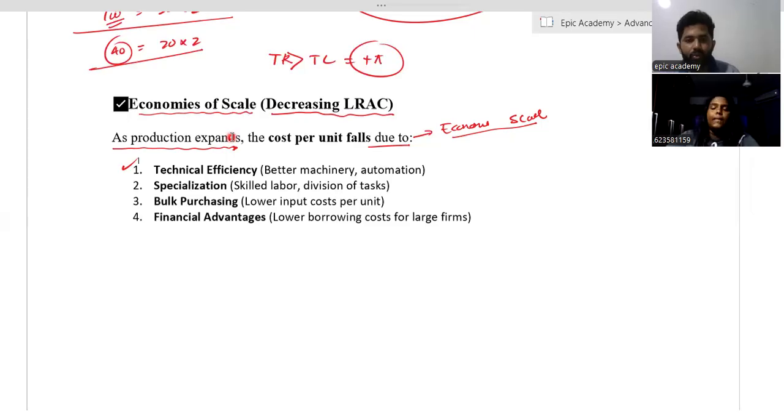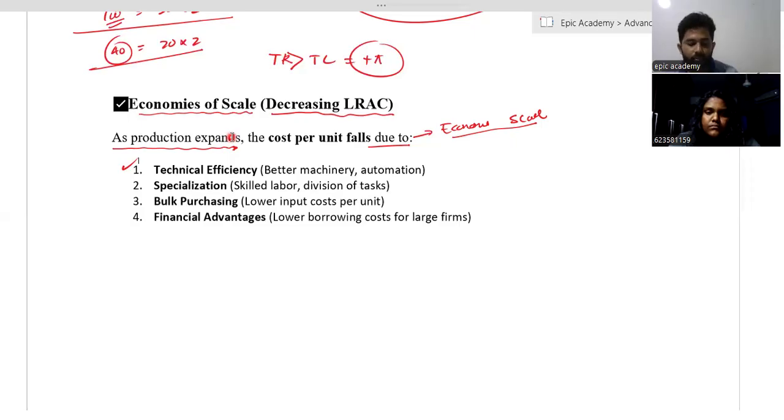But if you establish a CDM machine, cash deposit machine, and an ATM, automatic teller machine, no need to worry about the time period. 24 hours working. That's the meaning of automation. So the cost of producing one service can be reduced. That is why we call it technical efficiency. You can reduce the cost per unit. And the second one is specialization.